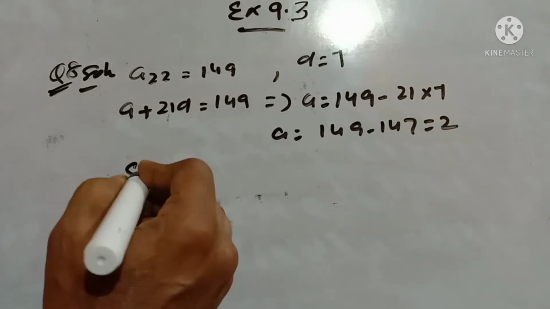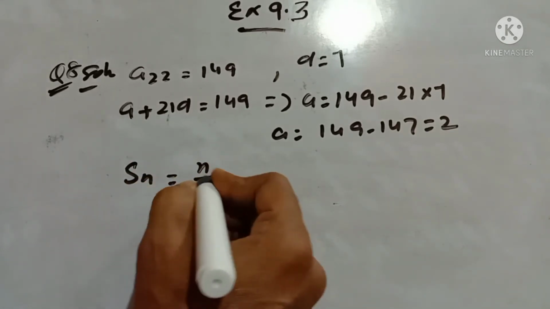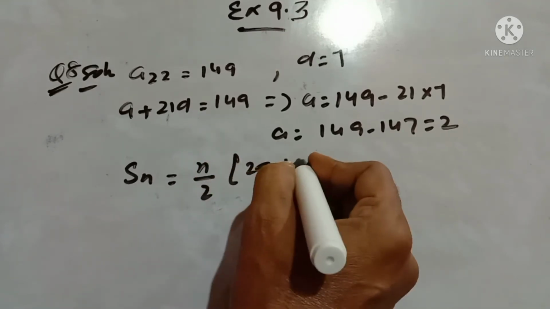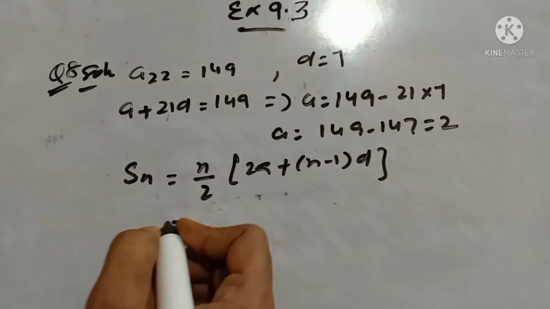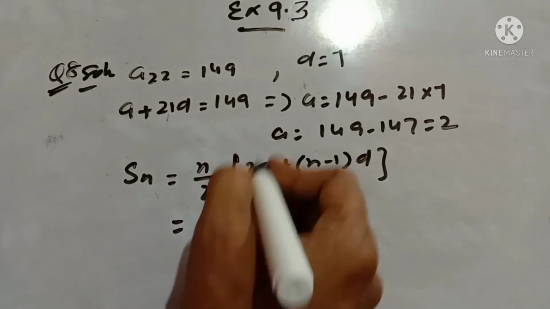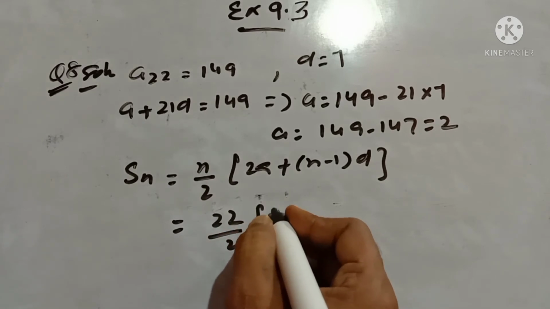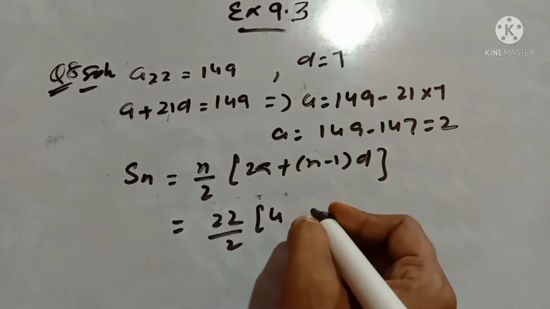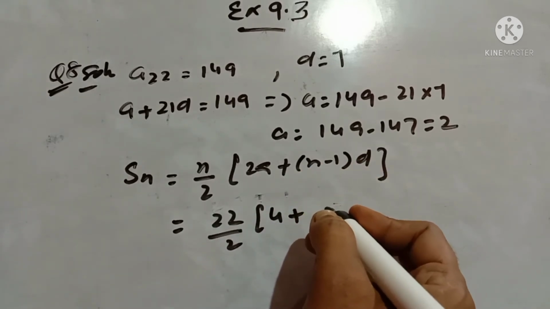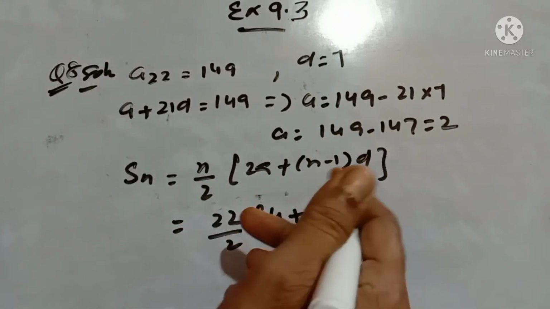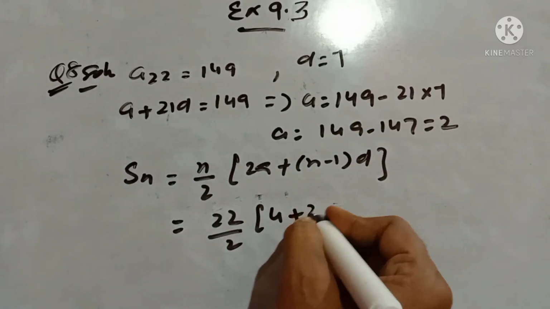Now Sn term, as we know, n by 2 into 2a plus n minus 1 into d. So 22 by 2, that is 11, into 2 into 2, 4, plus 22 minus 1, 21 into 7.